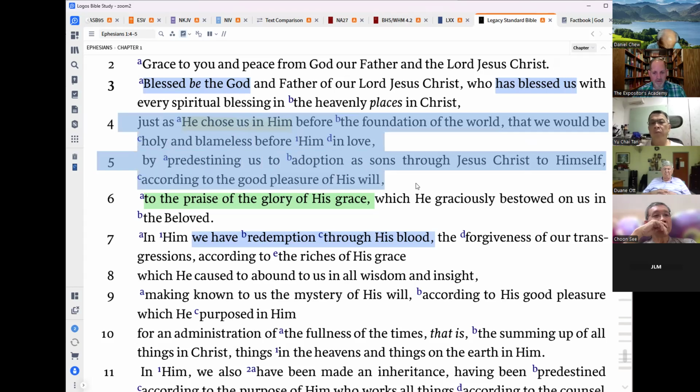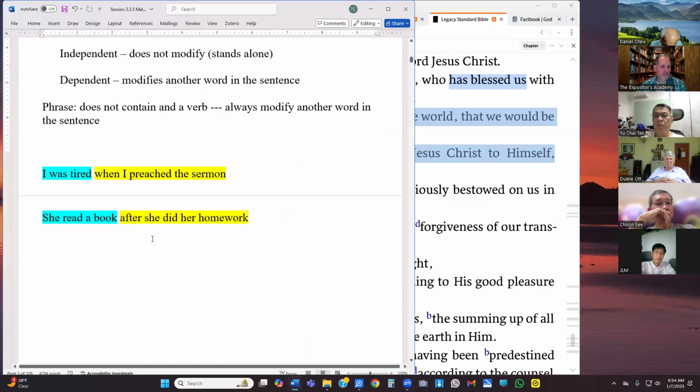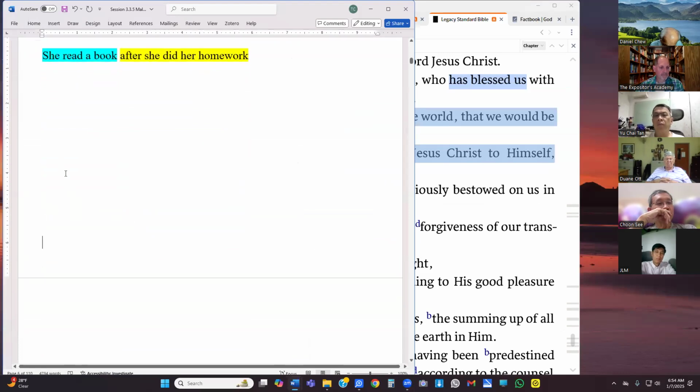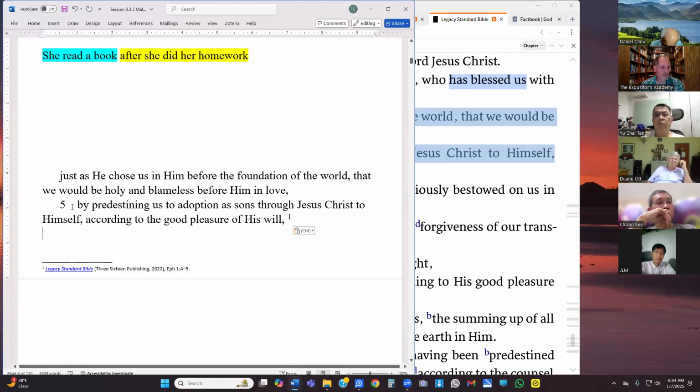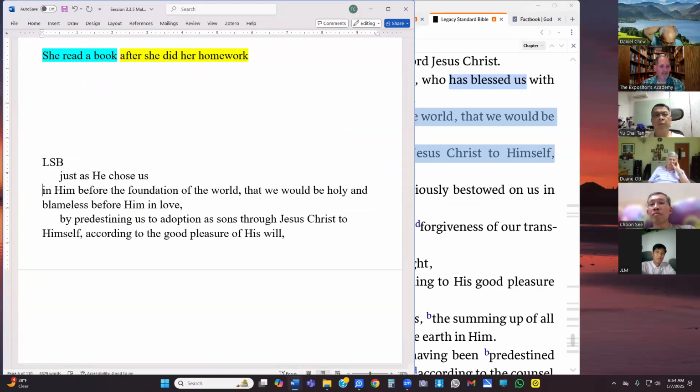Maybe this would be a good one to show you the diagram here and the difference. So here's verses 4 and 5 from the LSB. Just as he chose us, where? In him.